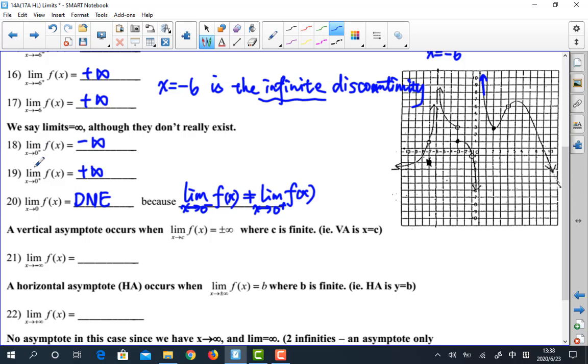However, x equals 0 is still the infinite discontinuity. Anyways, you will see negative infinity for the limit value or positive infinity for the limit value when x approaches 0 from the left-hand side and the right-hand side respectively.